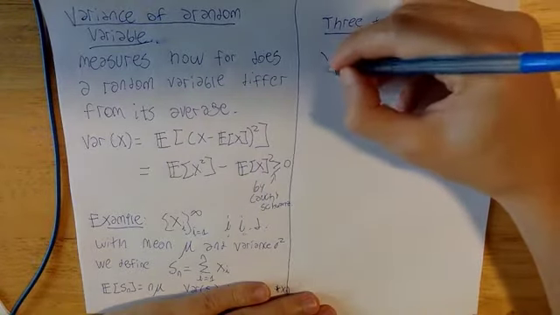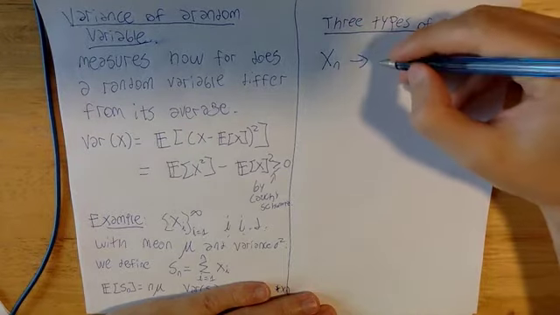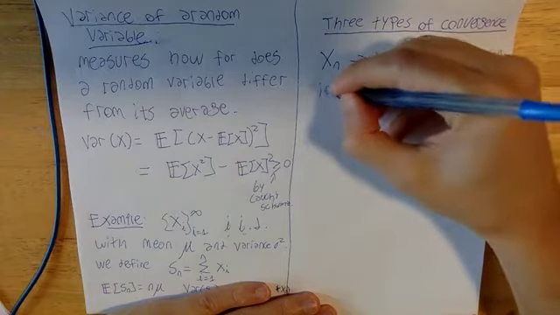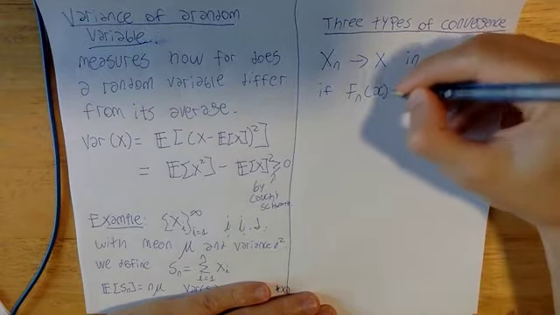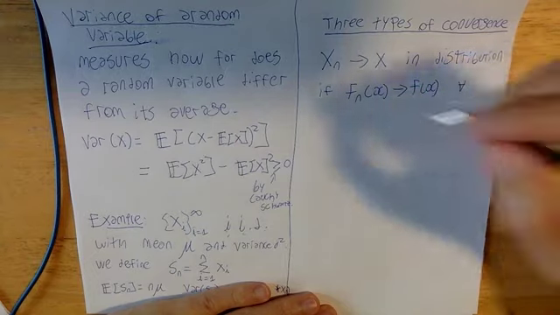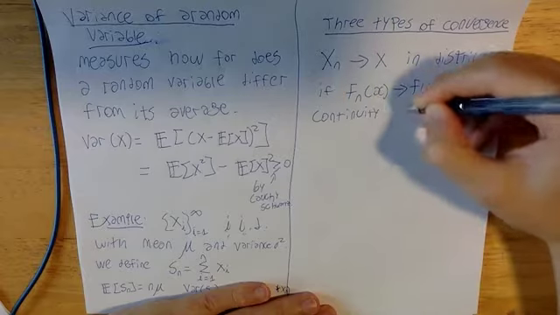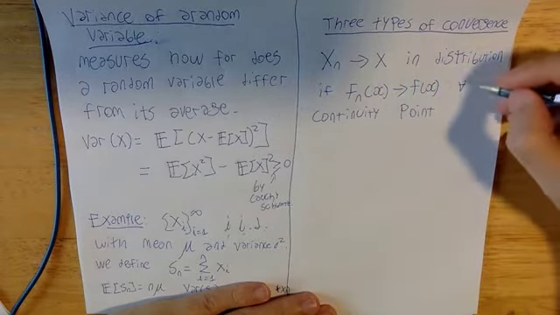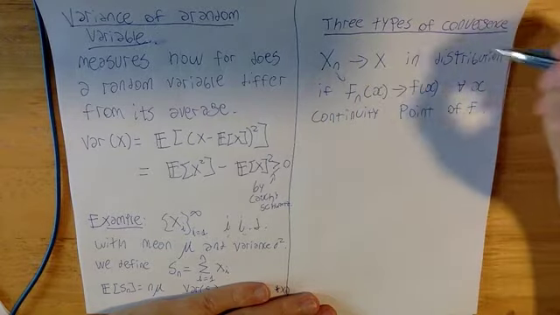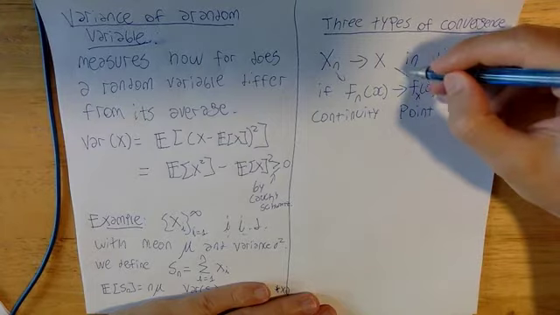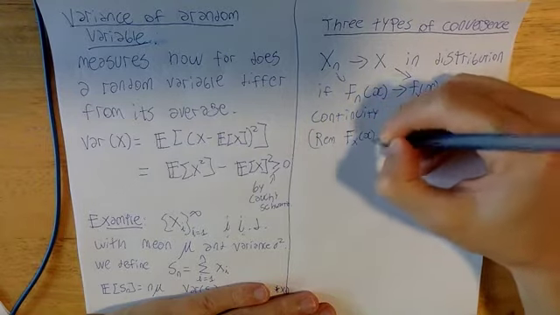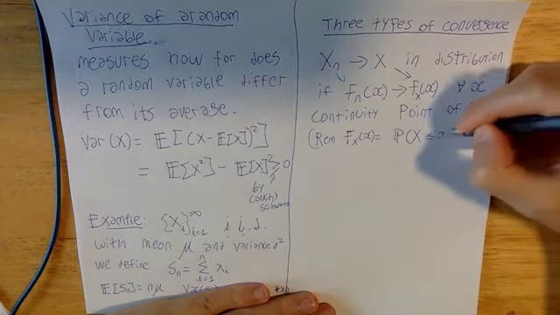We're going to say that X_n converges to X in distribution if F_n(x) converges to F(x) for every continuity point x of F. So this is the distribution function for X_n, and this F(x) is the distribution function for X. Just a reminder, F(x) is just the probability that X is less or equal than x.